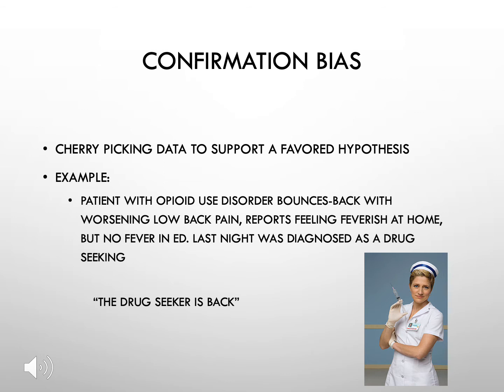We've got a guy with opioid use disorder, he bounces back, he's got worsening low back pain, of course he wants something for that. Reports feeling feverish at home, but no fever in the ED, so how much do you weigh that? And last night he was diagnosed as drug seeking, so we kind of ignore that sense that the patient had of being feverish at home, and we miss the epidural abscess.